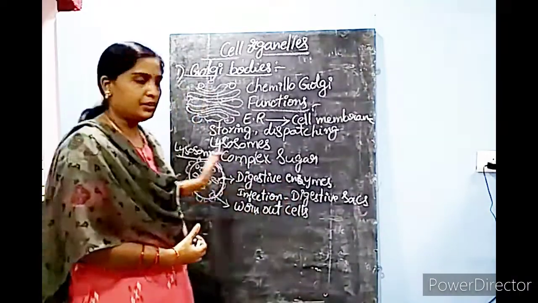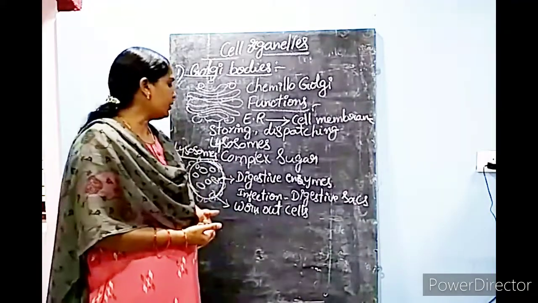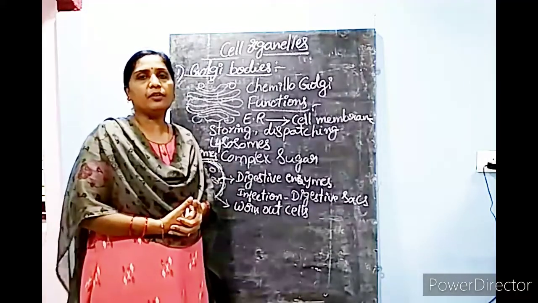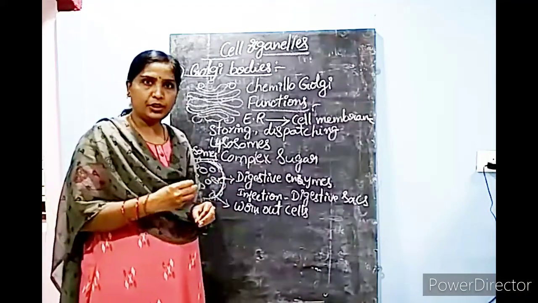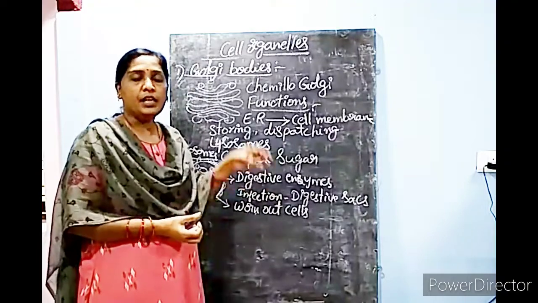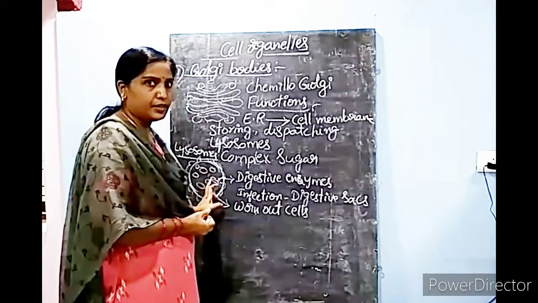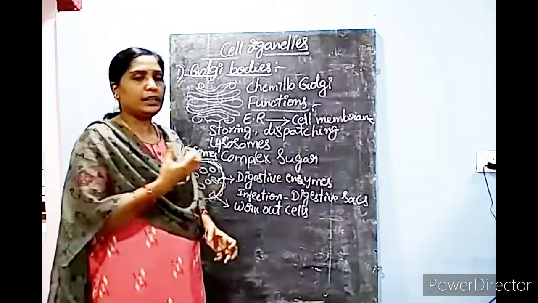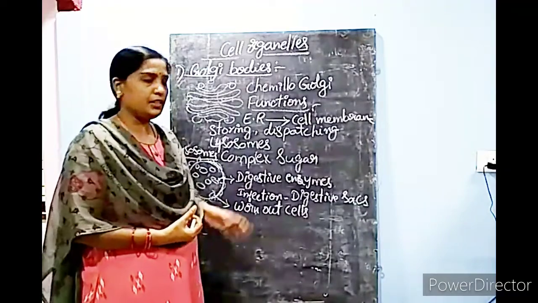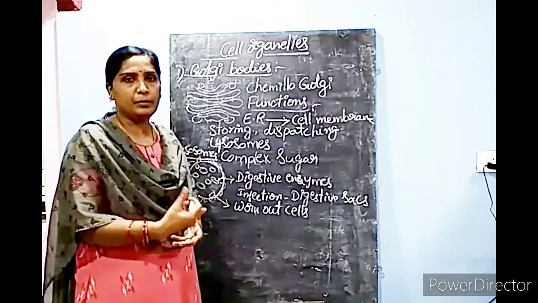So that function the lysosomes are carrying out in a cell, and they also destroy themselves. They can destroy themselves when the particular cell is not working. It gets destroyed by the digestive enzymes present inside the lysosomes. So it is destructing itself. That's why lysosomes are also known as suicidal bags.